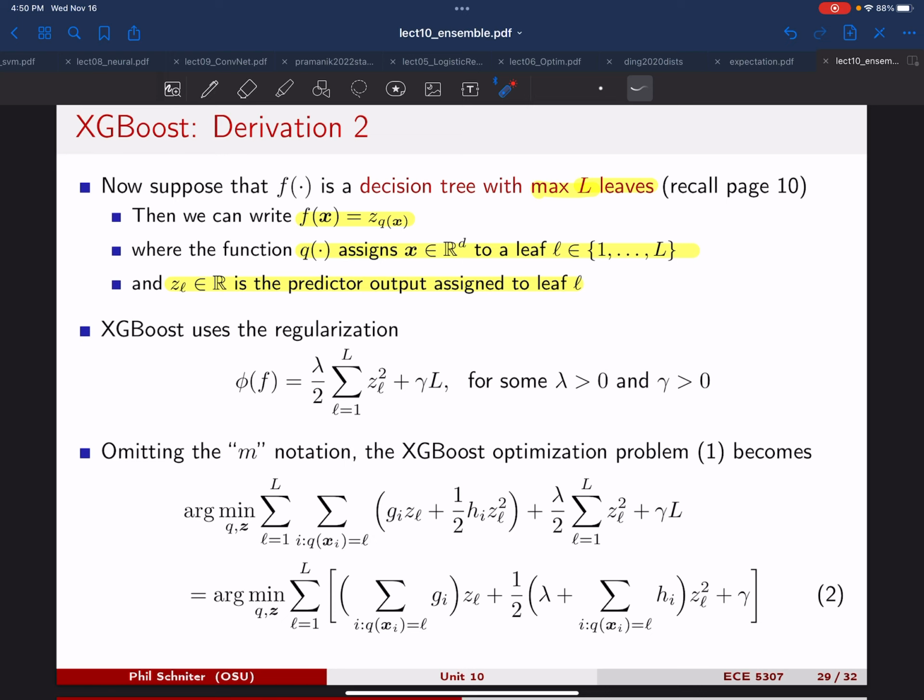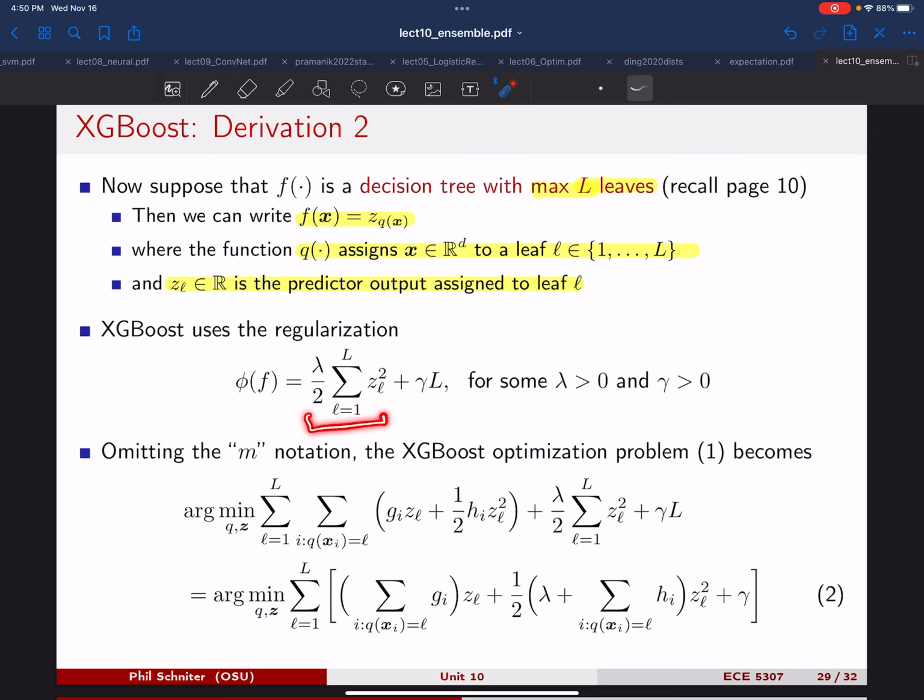Okay, so this is the regularization that XGBoost uses. It has two terms. The first one is just a sum over all the leaves or all the regions of the squared output value, z_L squared. Lambda is some tuning parameter, some weight that we can choose.